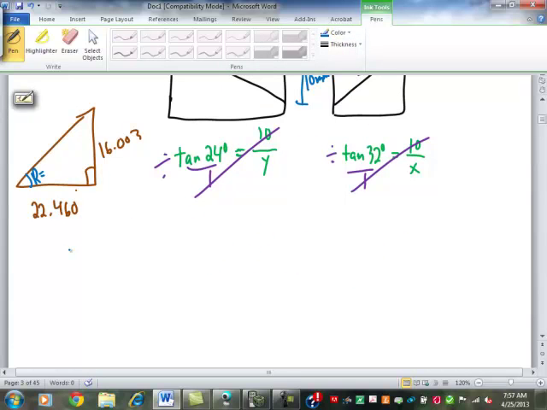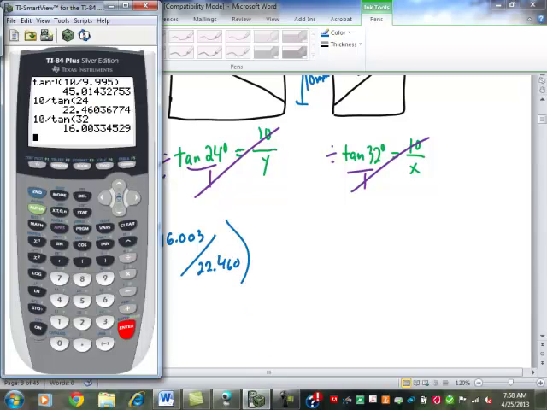And that angle, of course, is, yep, inverse tangent of the opposite side, 16.003, over the adjacent side. So inverse tangent, 16.003 divided by 22.46. 35.47 degrees.